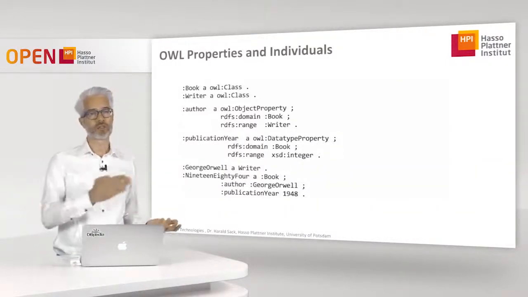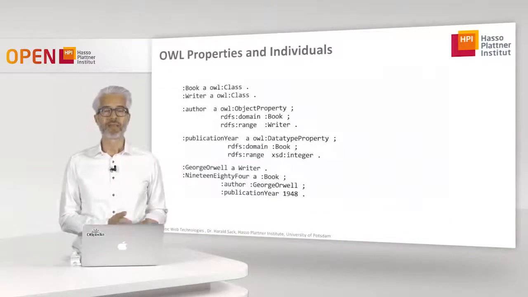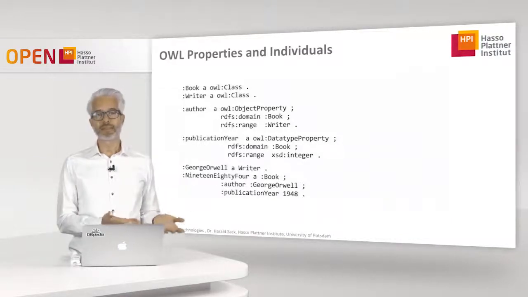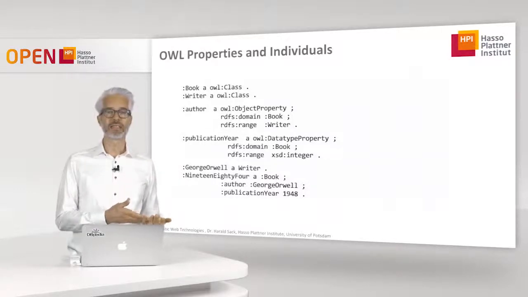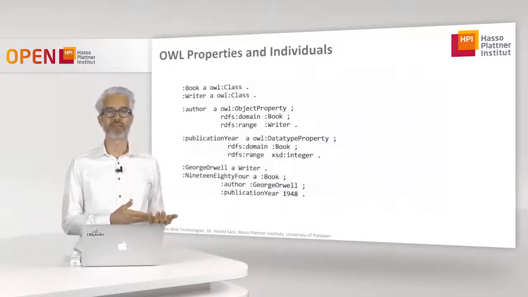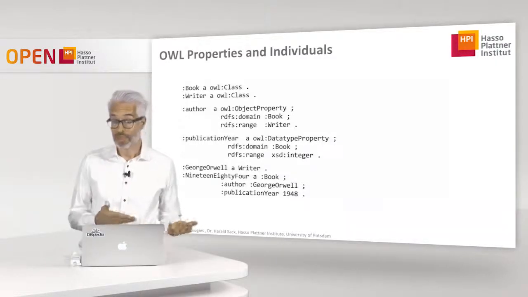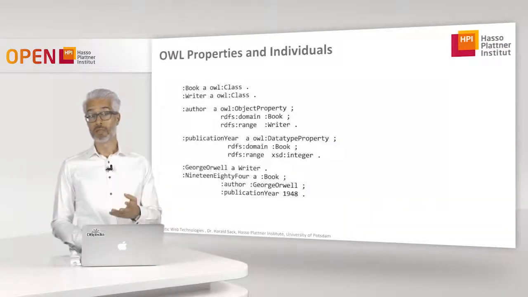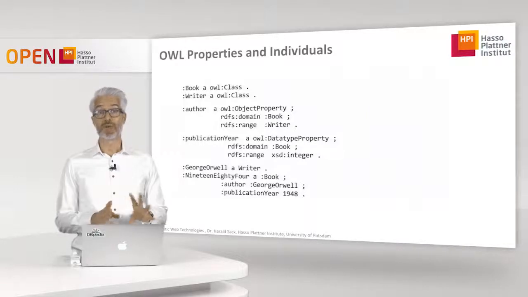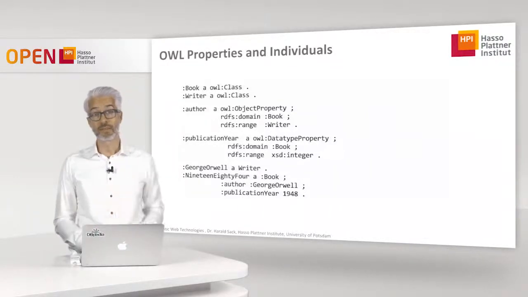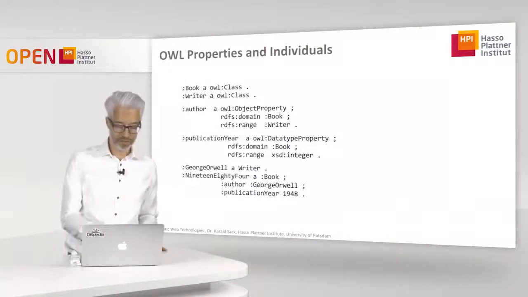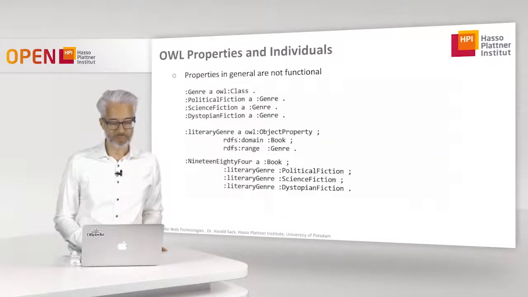So for example, George Orwell is a writer and 1984 is a book. And 1984 has the author, George Orwell, and it has the publication year 1948. So you see, this is quite simple, and it's also pretty fast and pretty easily written in Turtle. So this is an example for OWL, classes, properties, and individuals.